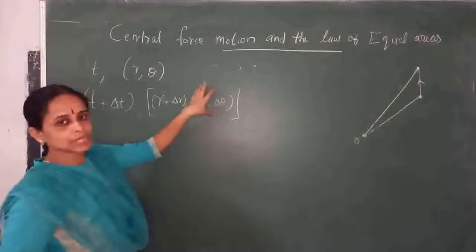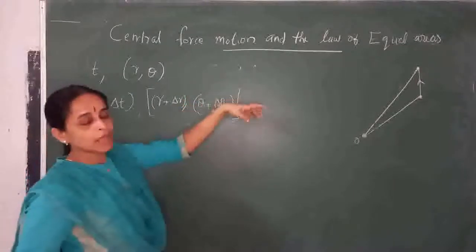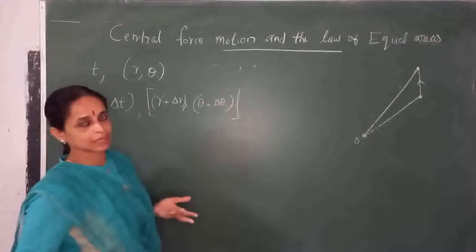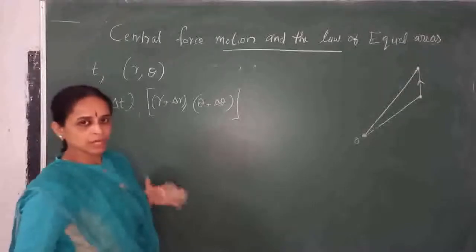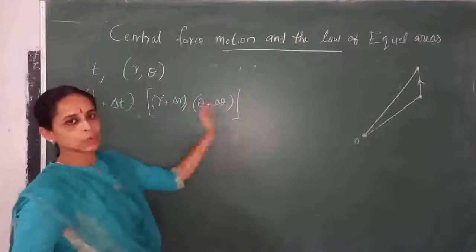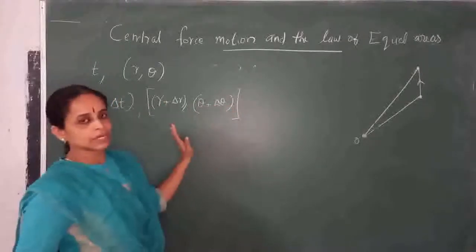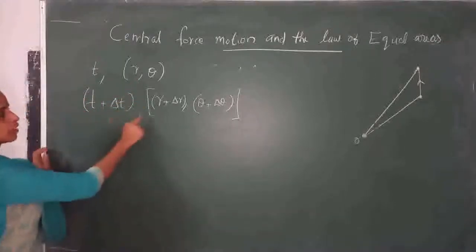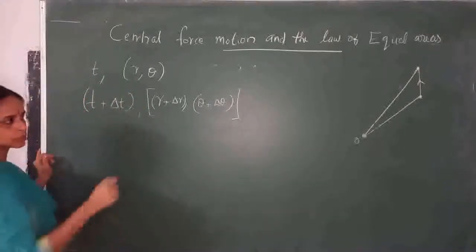In addition to that we have theta and again some angle phi. R, theta, phi are considered for the polar coordinate system. Here it is a plane, so we can consider only one angle and one radius vector. So this is the position at different times for this particular particle.